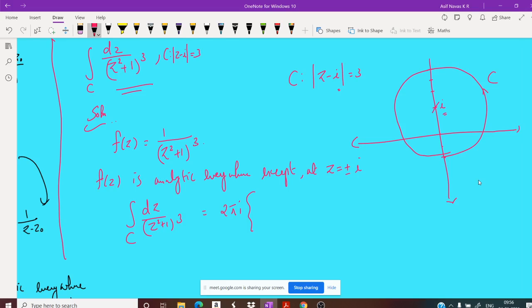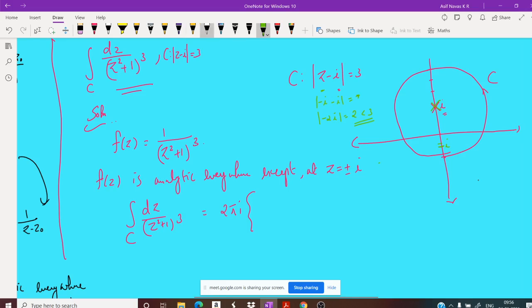Okay, i is already inside the circle, right? Is minus i inside the circle? Right? Because if you put minus i, you get mod minus i minus i, which is mod minus 2i, which is equal to 2, which is always less than 3. So that means i and minus i are inside.